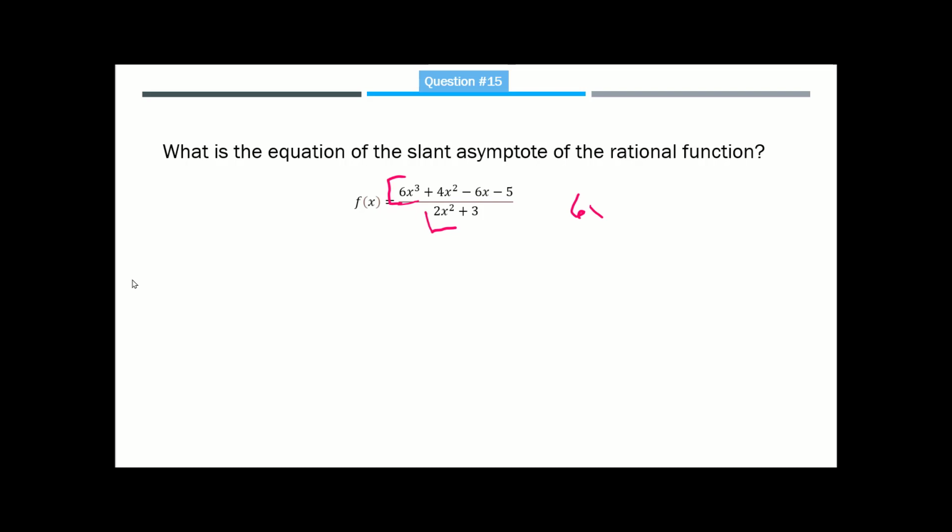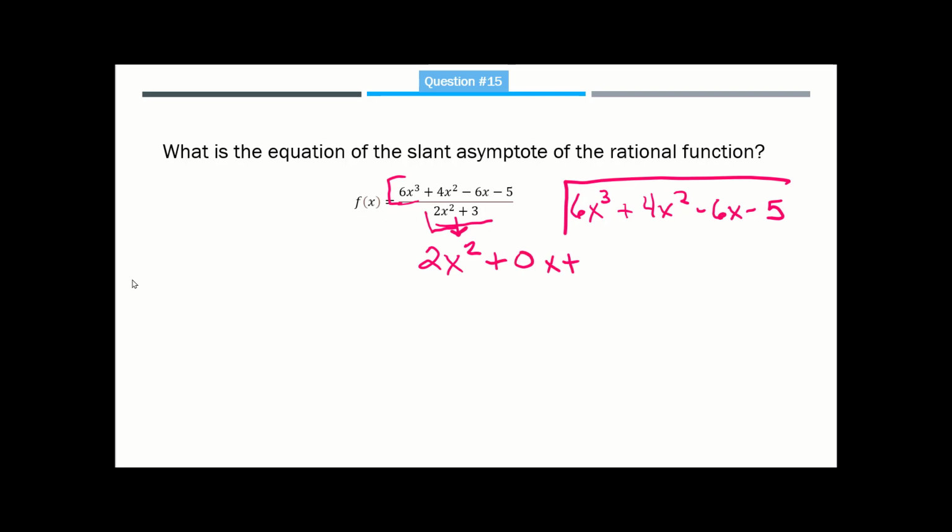So I'm going to divide 6x to the 3rd plus 4x squared minus 6x minus 5 by 2x squared plus 3. Now I'm missing that x term, so I need to write this as 2x squared plus 0x plus 3 before I start my division.